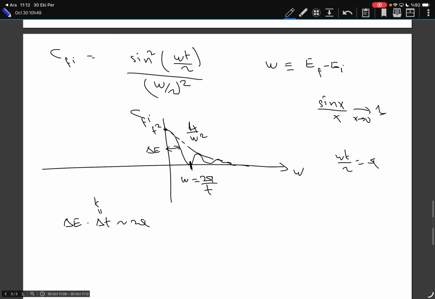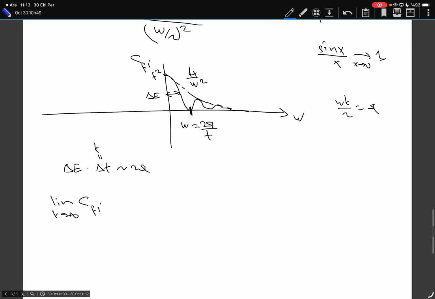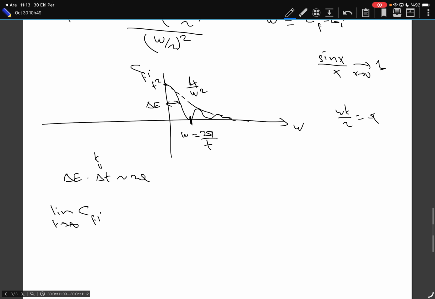So what is the limit of C_FI as t goes to infinity? Remember, eventually we will be taking the limit t goes to infinity. Well, there are a couple of ways you can approach this problem. One is, okay, we already kind of know that it has to be some kind of a Dirac delta, Dirac delta of omega over 2.